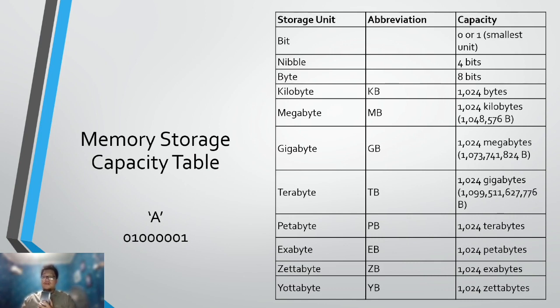From the table on the slide, the units that are more relevant to us today are the kilobyte, megabyte, gigabyte, and recently there are home computers that have reached the terabyte range. On the other hand, petabyte, exabyte, zettabyte, and yottabyte are still limited to institutions and companies with more massive usage and capacities.